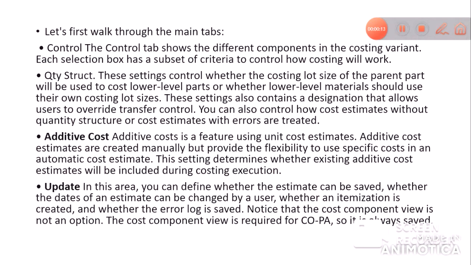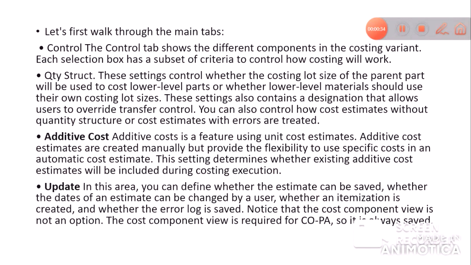Quantity structure. These settings control whether the costing lot size of the parent part will be used to cost lower level parts or whether lower level materials should use their own costing lot sizes.